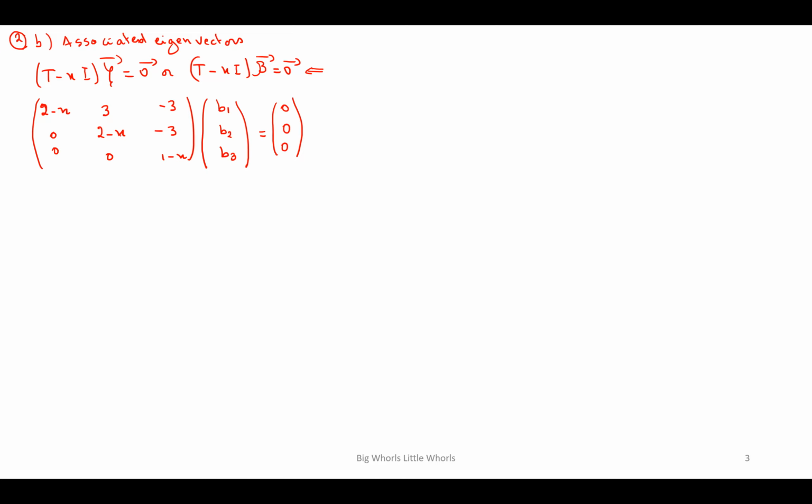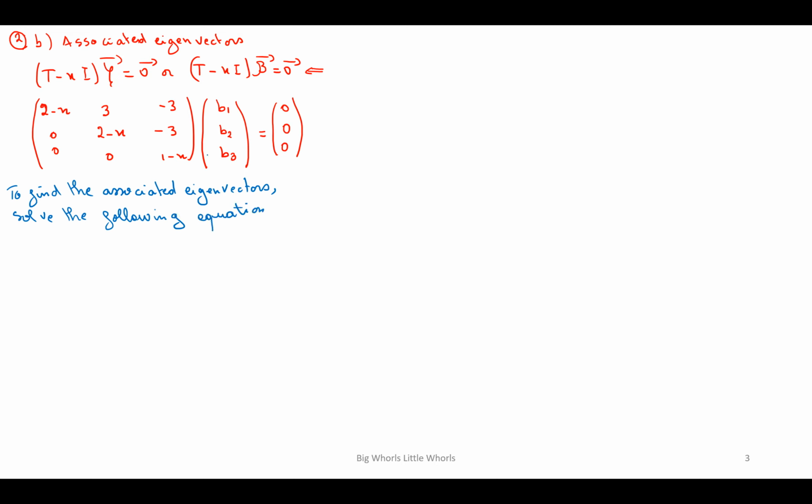To find the eigenvectors, we need to solve this equation, but instead of x's, let's use lambdas. So to find the associated eigenvectors, solve the following equation.